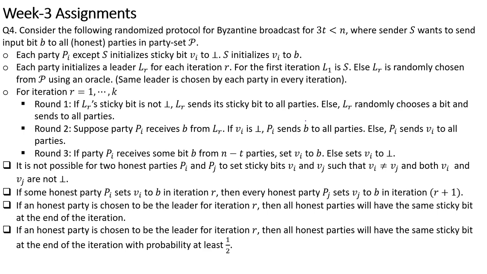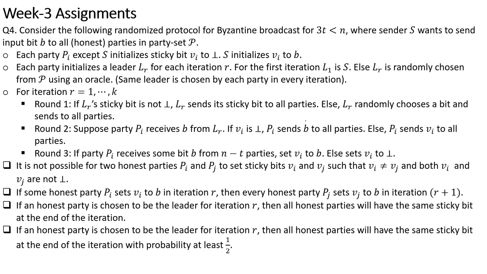In round 2, suppose party Pi receives B from Lr. If Vi is bot, that is Pi's own bit is bot, then it sends B to all parties, else it sends Vi to all parties. So B is the bit received from the leader and Vi is its own bit. Only if its own bit is bot does Pi send the leader's bit B to all parties.